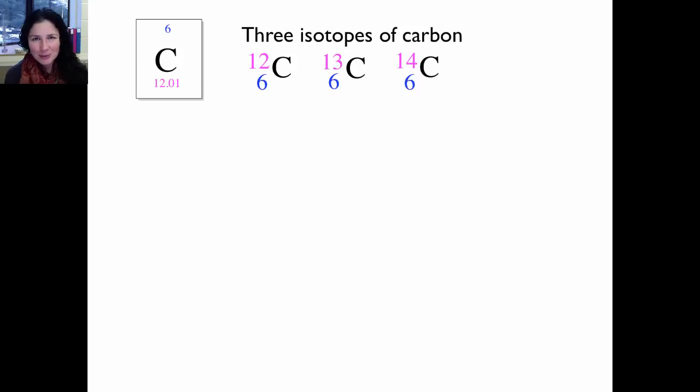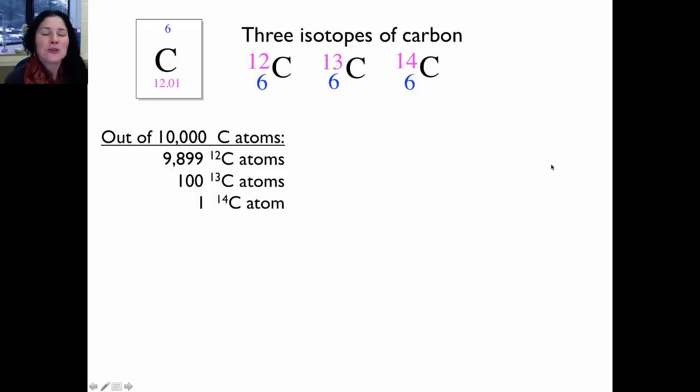I want to explain a little bit about number 5, which is on the 3rd page of your activity, just in case you don't understand on your own. So there are 3 isotopes of carbon, as we said earlier, and this is the elemental symbol from the periodic table for carbon. Again, notice that this number is not exactly the same as any of these numbers.